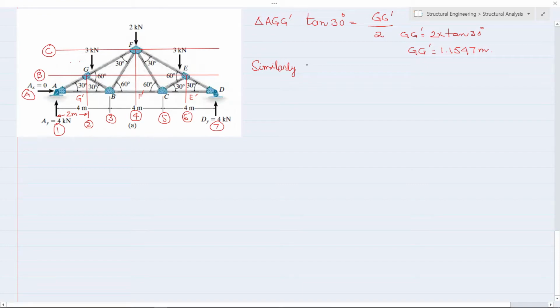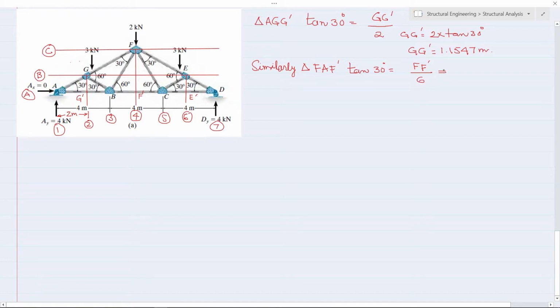Similarly, for triangle A, F and F dash, the bigger one, we have the same tangent of 30 degrees. This will be equal to FF dash over AF dash, which is 6 meters.